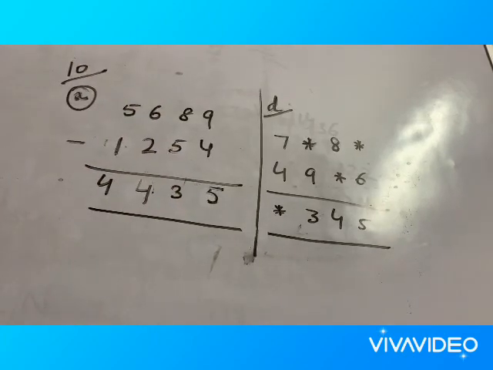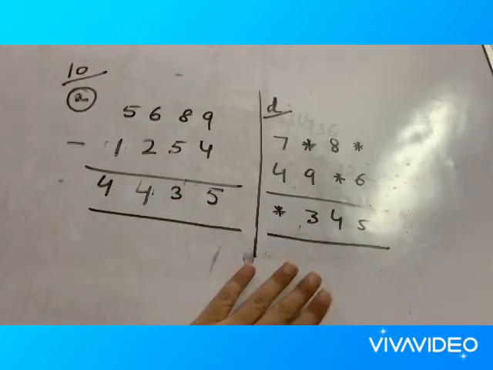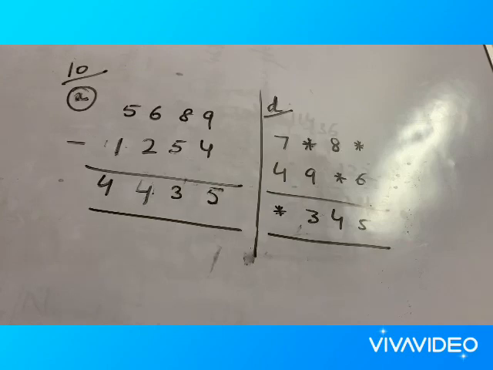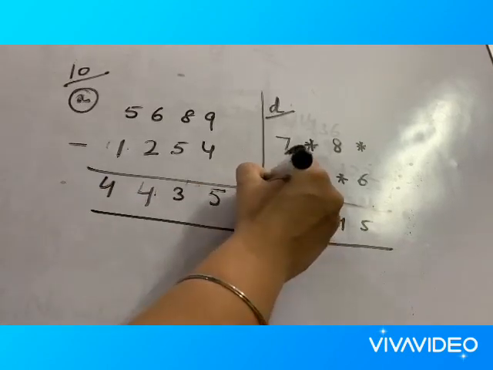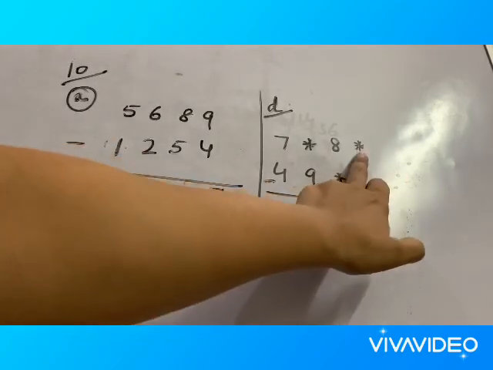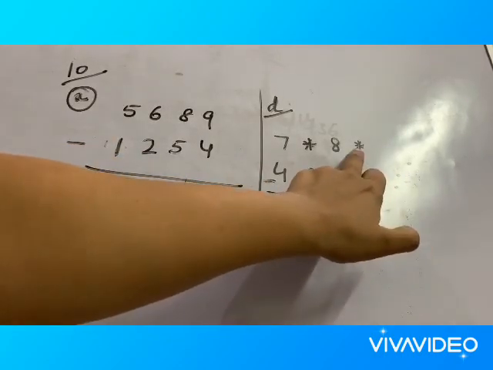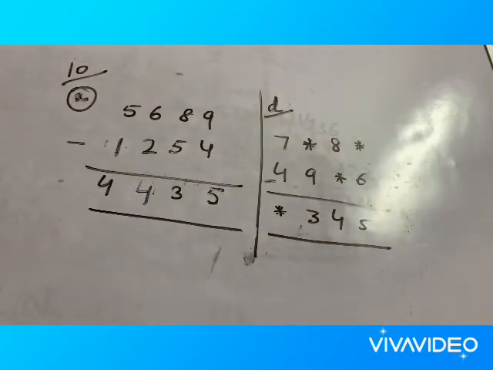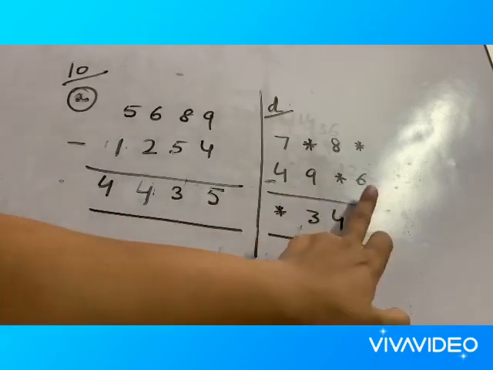Okay, so now the next part. This is also a sum of subtraction. So what will come here at the place of this star? From which digit will we subtract 6?